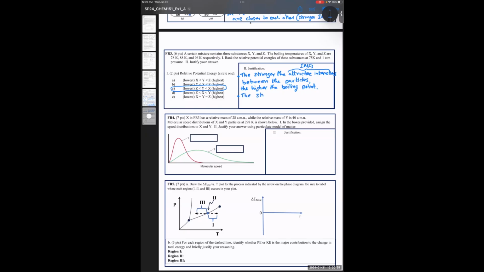Stronger the IMFs, the lower the potential energy.